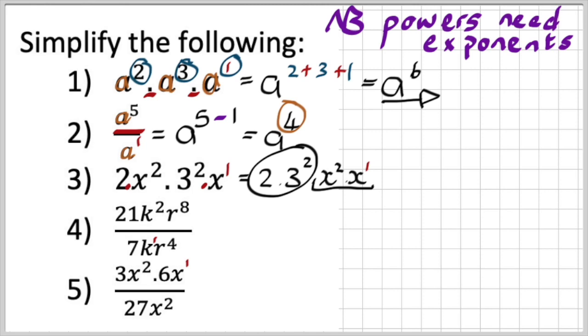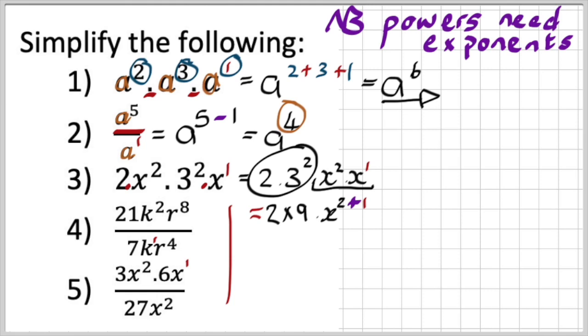Can I apply law 1 with the numbers? No, because the bases are not the same. So I'm just going to handle this using normal definition. So I'm going to say this is 2 times by 9, because that's what 3 squared is equal to. Remember, that means 3 times by itself.